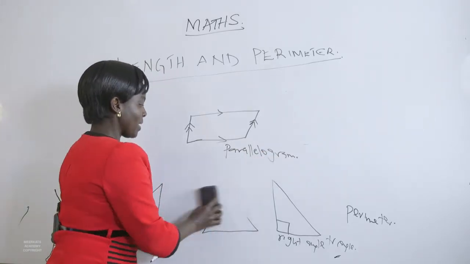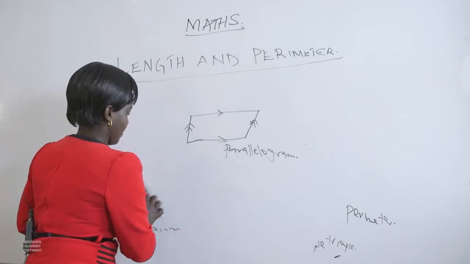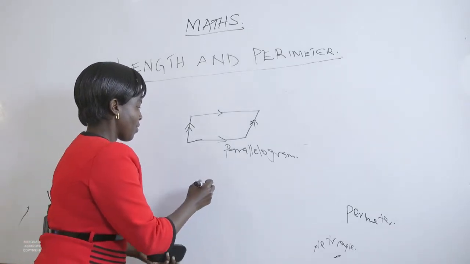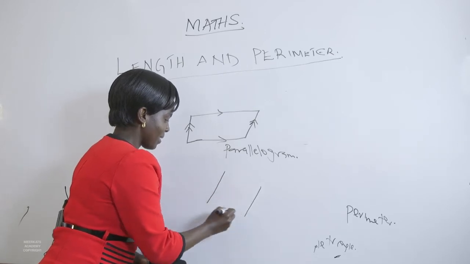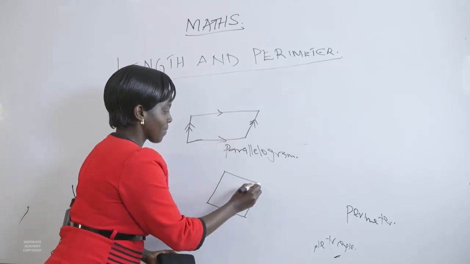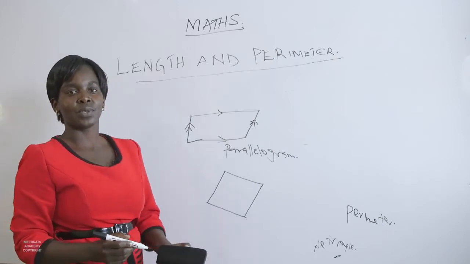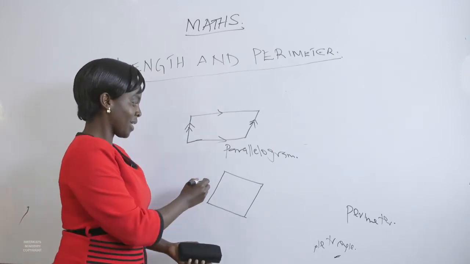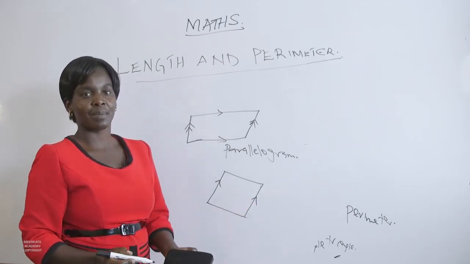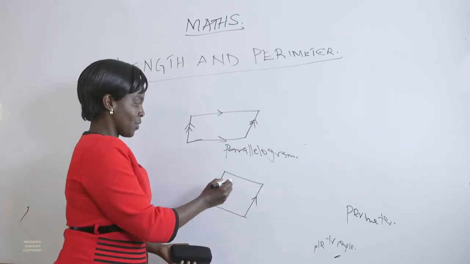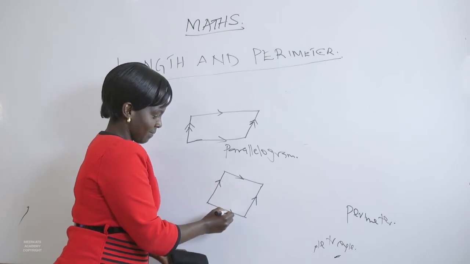We have a rhombus. Rhombus means all sides are equal, but opposite sides are also parallel to each other. To indicate that opposite sides are parallel, you use the same markings.